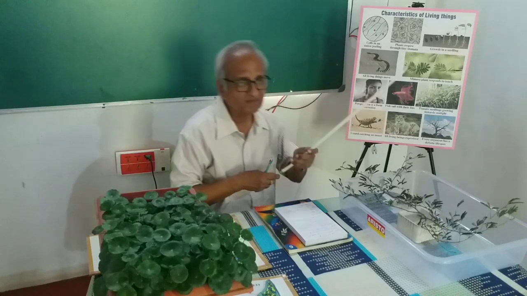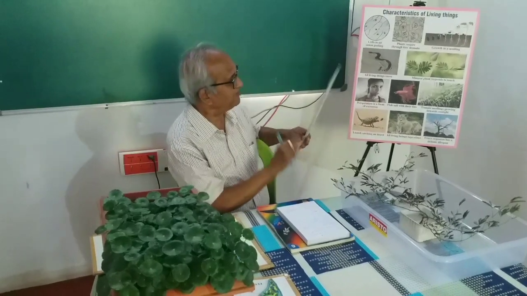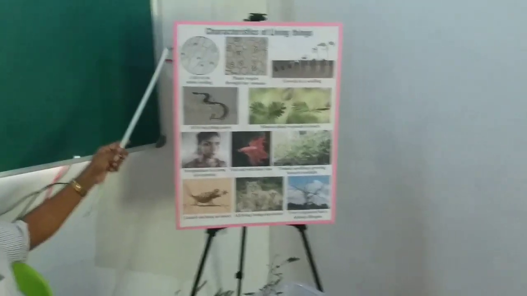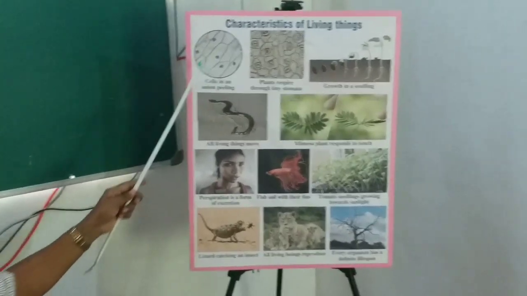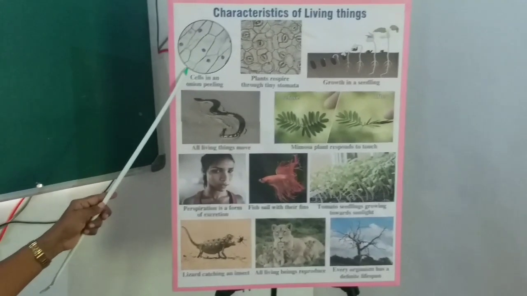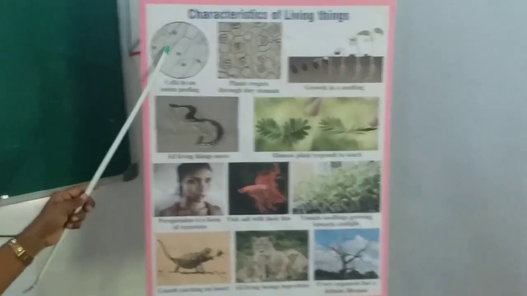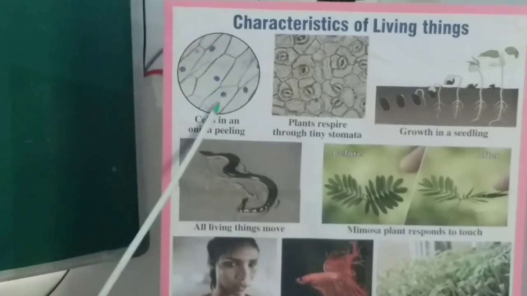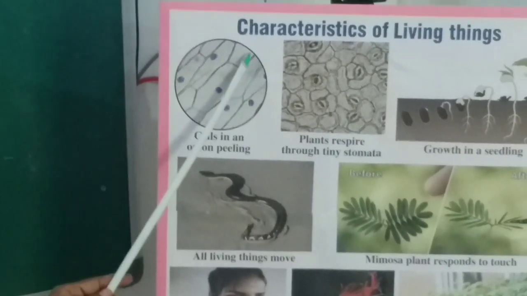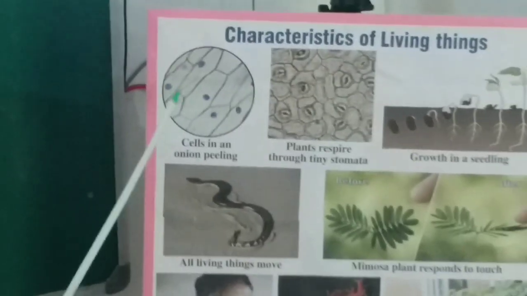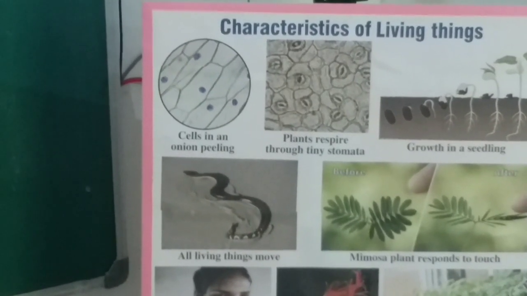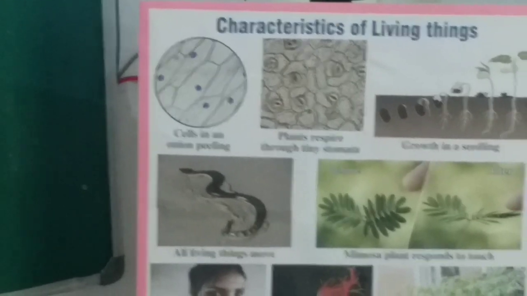We keep it in the microscope and see it. You can make it out here. This is how you see. Each structural unit is called a cell. This is one cell, this is another cell, a third, a fourth, a fifth, a sixth. There will be billions of cells in an onion plant.